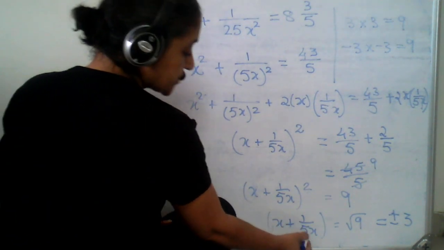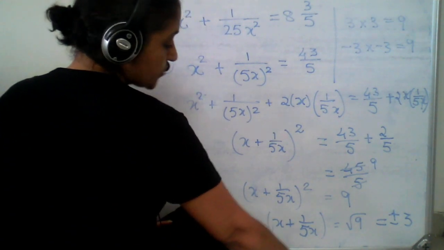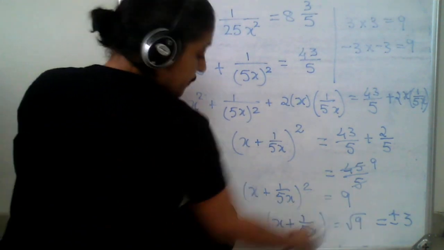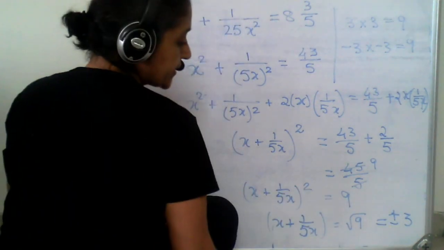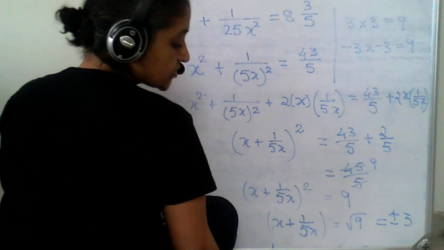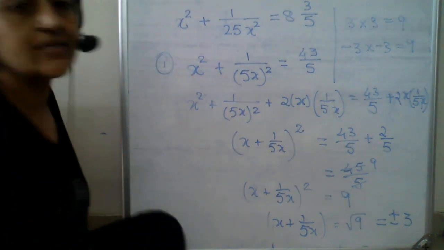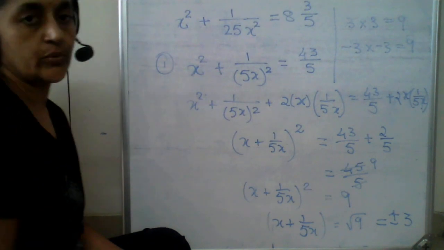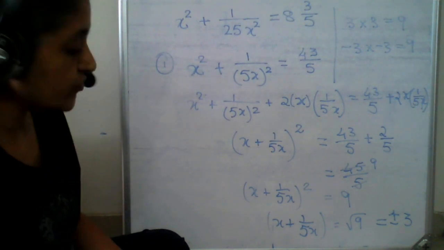This is what was expected in the first part of the sub question. If x plus 1 by 5x is positive or negative 3, then we are supposed to find x cube plus 1 upon x cube as the next value. Now we'll go ahead and find the value for the same.